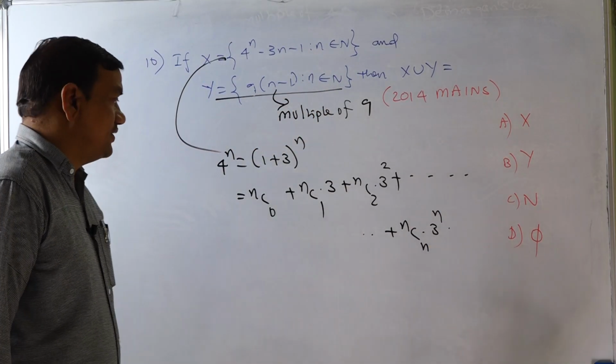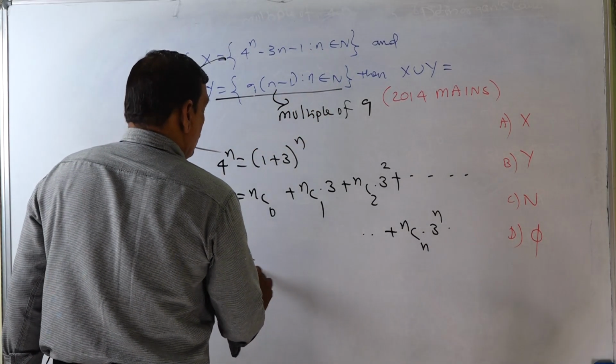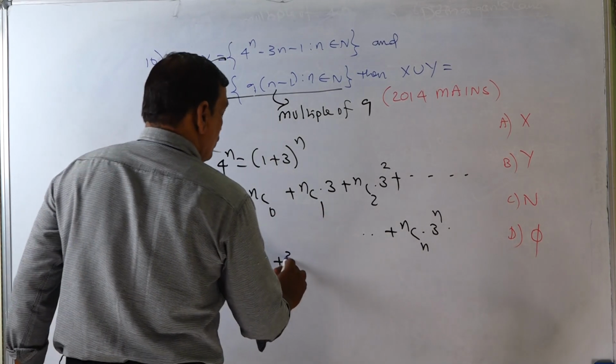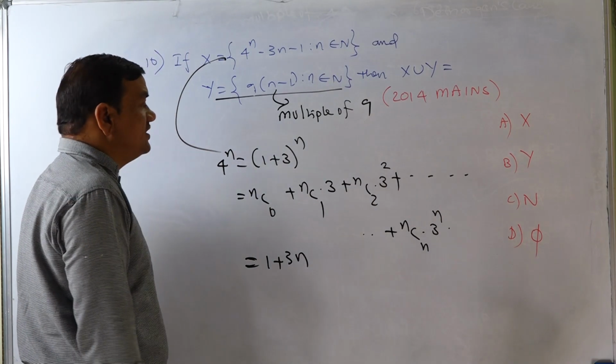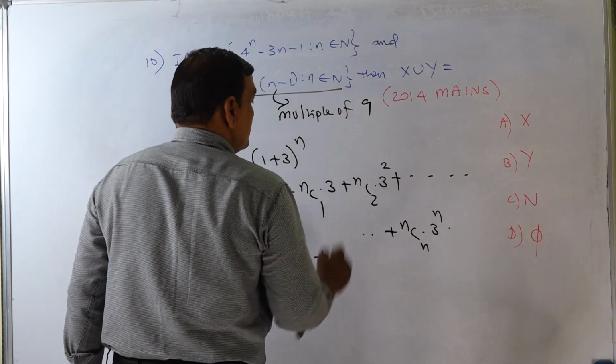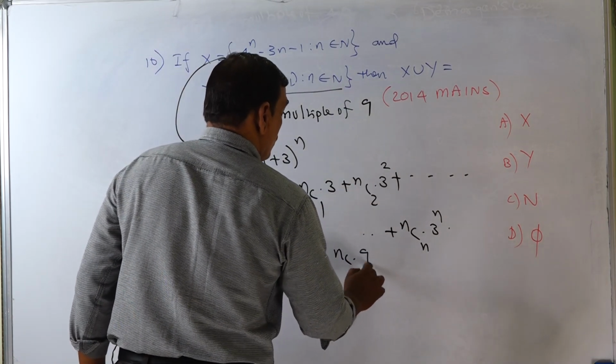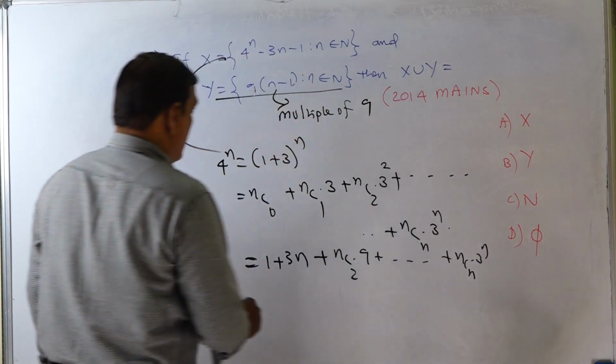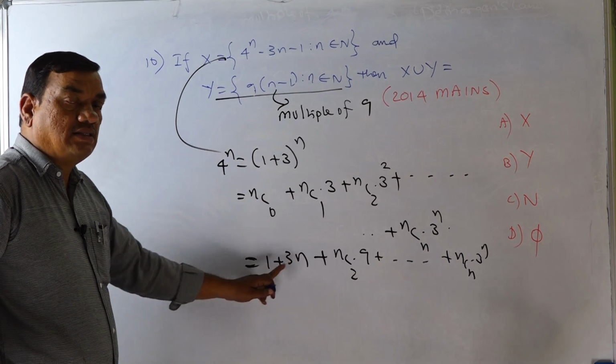Here nC0 is equal to 1, nC1 is n, so this is 3n. Then nC2 into 9 plus so on, the last one nCn into 3 power n. This is 4 power n equals 1 plus 3n plus the rest.